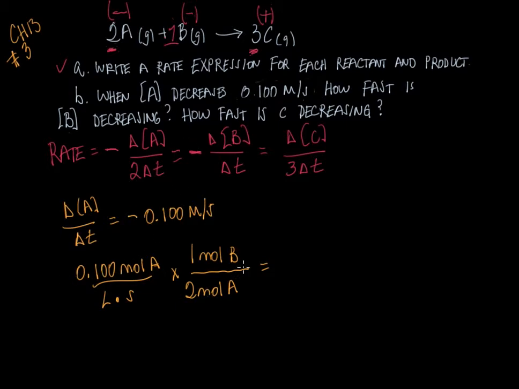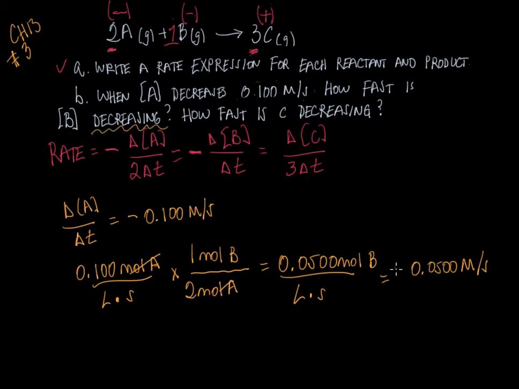So what we have here is half of that, so that's 0.0500 moles of B per liter per second, or just 0.0500 molarity per second if we're talking about B. Now since we're talking about a reactant, there should be a decrease in concentration. They say right here decreasing, so we can just put a negative sign here. Okay, so that's going to be the change in concentration of B with respect to time, seconds.